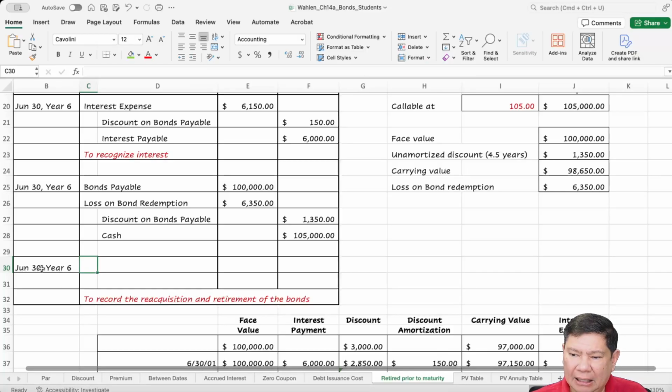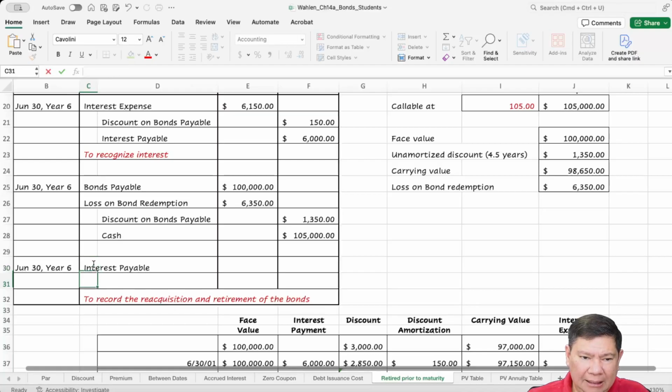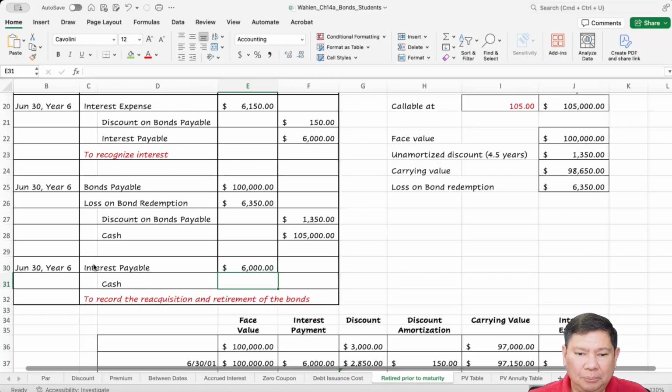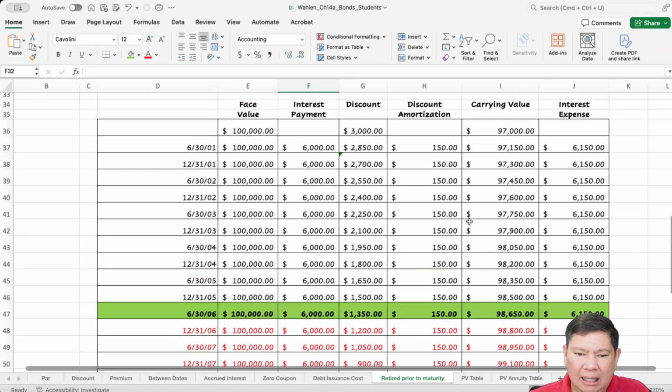Okay, and then July 1st, I think this is not July, June 30th or July 1st. If you didn't put cash here, we have to pay the interest payable. This is our last payment, cash of $6,000. So that's the last one.